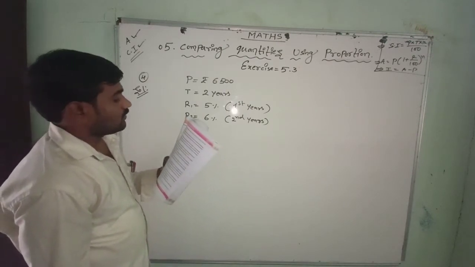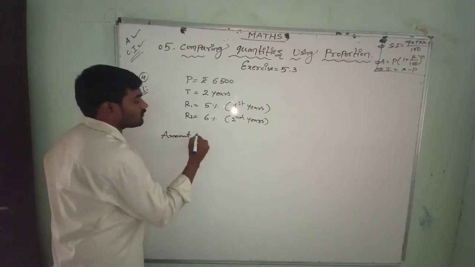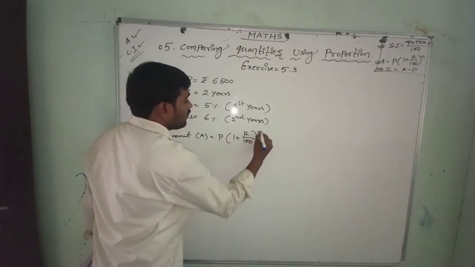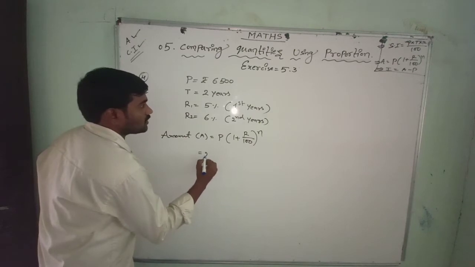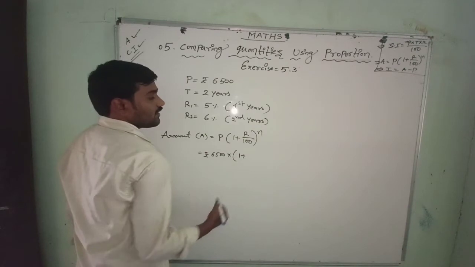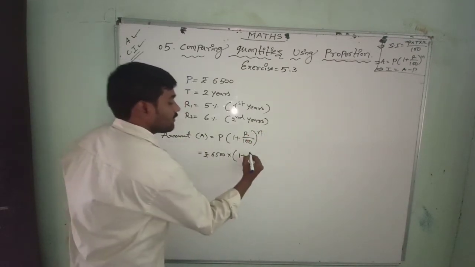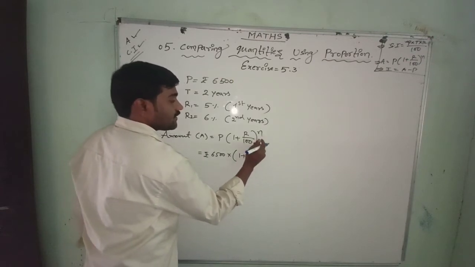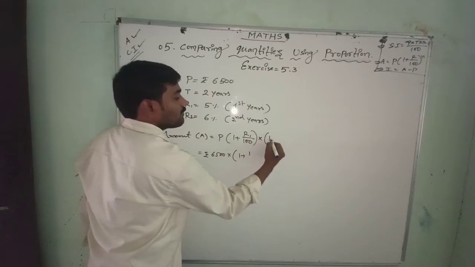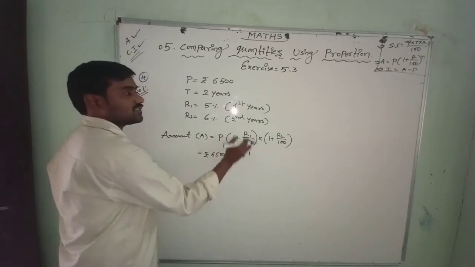Then for the second year, we have to find out the amount. The amount formula is A equals P of 1 plus R by 100 whole to the power of N. So amount is rupees 6,500 into 1 plus R1 by 100 into 1 plus R2 by 100, with first year 5% and second year 6%.